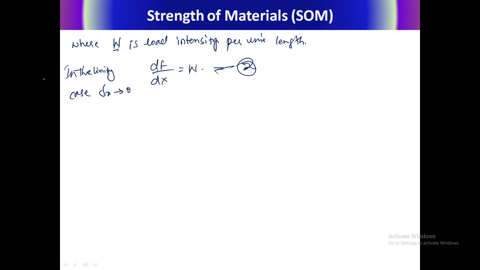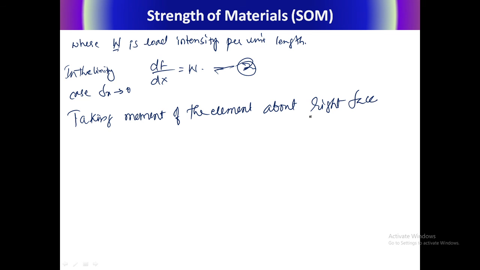Now taking the moment of the element about the right face, we get M plus delta M minus M plus F into delta x plus W into delta x into delta x by 2 equal to 0.